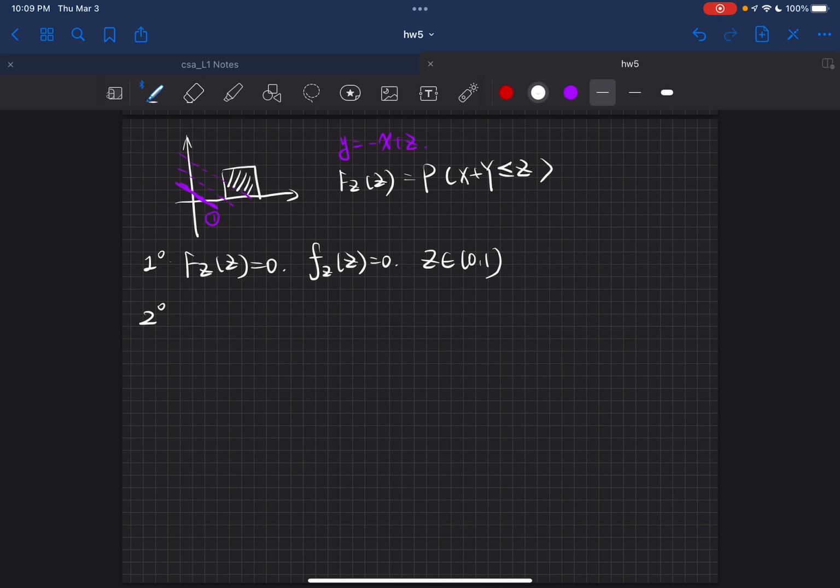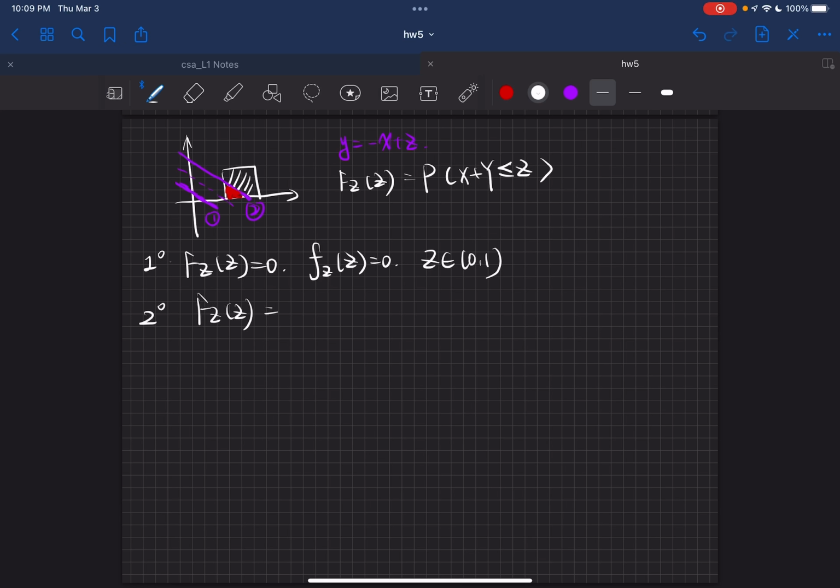And the second case is that the line is here. So we can see easily that the overlap area should be this red area. So the distribution function Fz is equal to this red area.